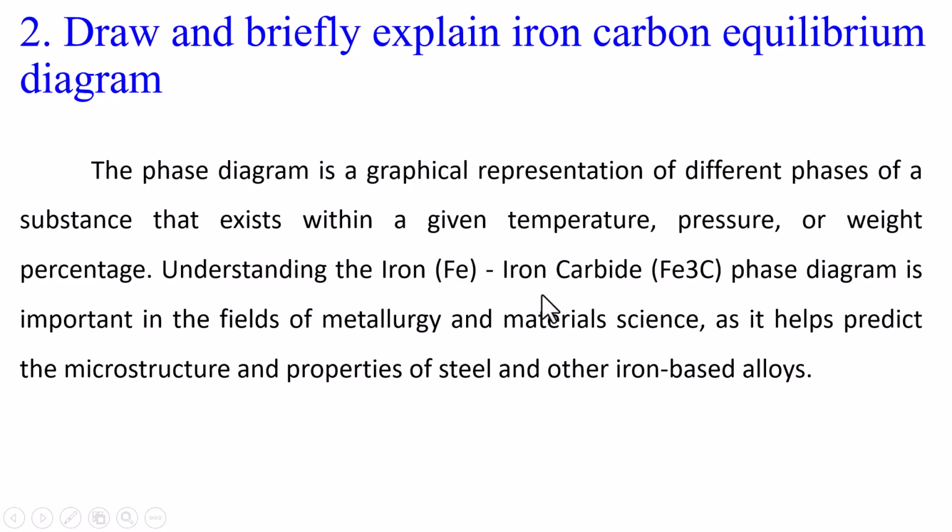Understanding the iron carbide phase diagram is important in the fields of metallurgy and material science as it helps predict the microstructure and properties of steel and other iron-based alloys. That simply indicates the importance of the iron carbon diagram. This iron carbon diagram is also called the iron carbide diagram.